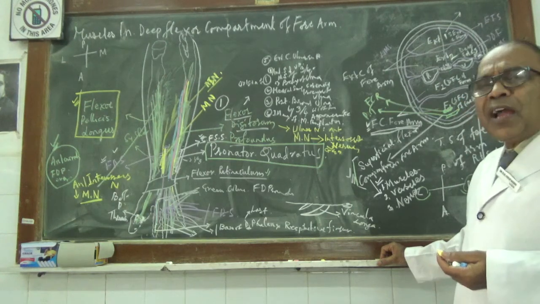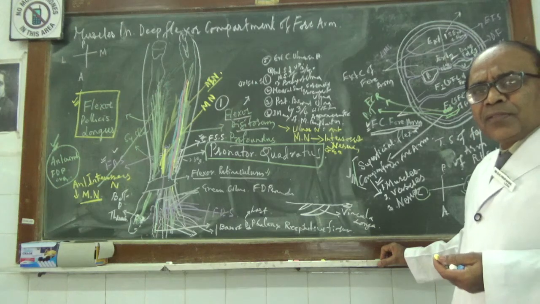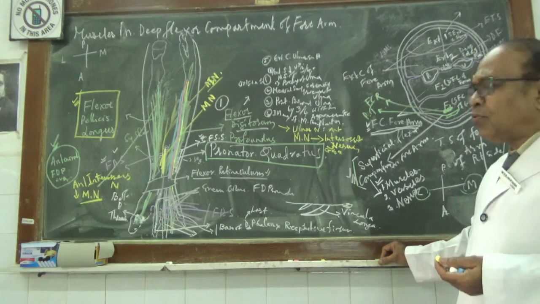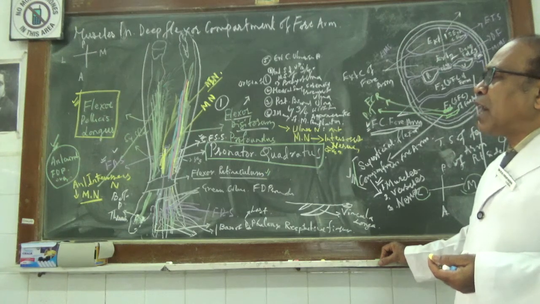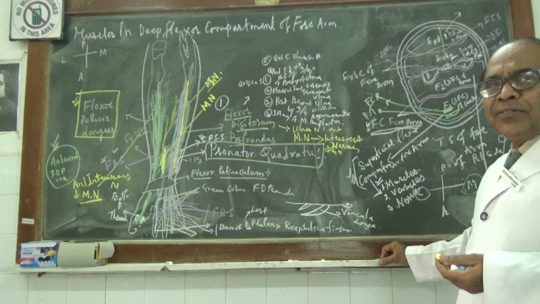So after having had that, let us have a quick recap of all the nerve supplies for the superficial and the deep flexor compartment of forearm muscles.